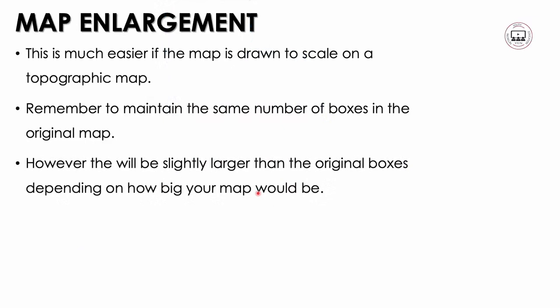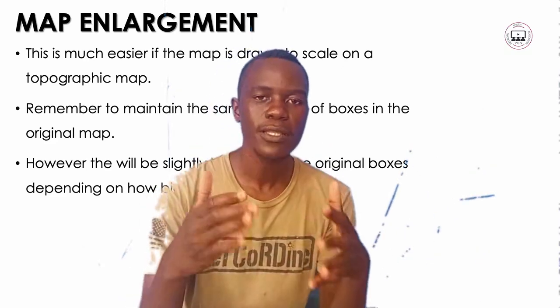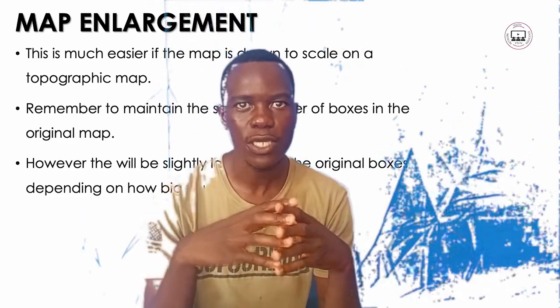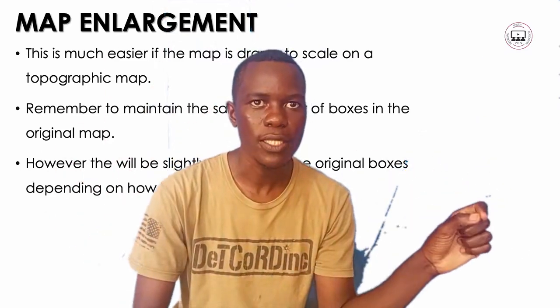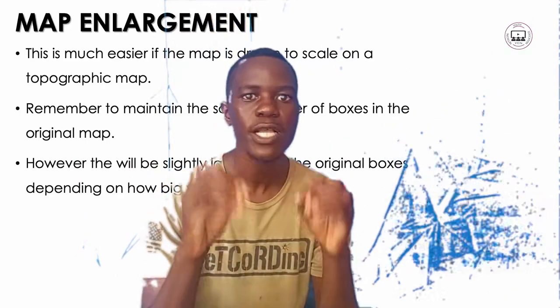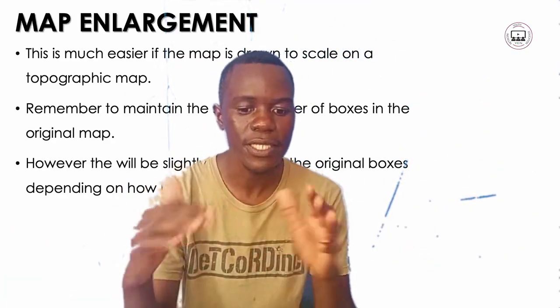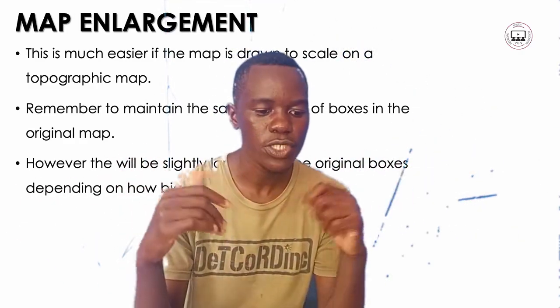However, the boxes may be slightly larger than the original boxes, depending on how big your map would be. So when you are enlarging, the boxes might be bigger than the original size. But what we're maintaining here is the number of boxes. So you have the exact number of boxes, but in terms of the size of boxes, when you have enlarged that, those boxes will be bigger than the original boxes.